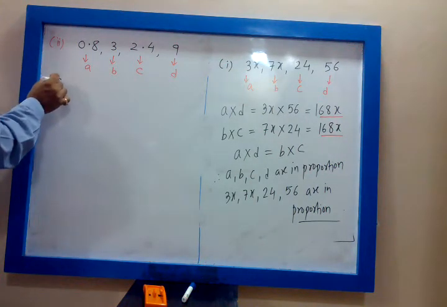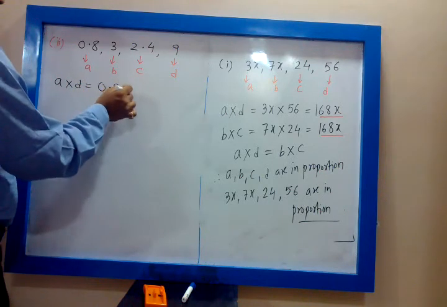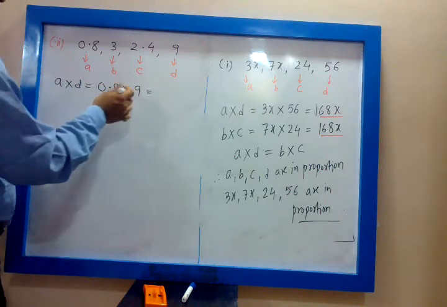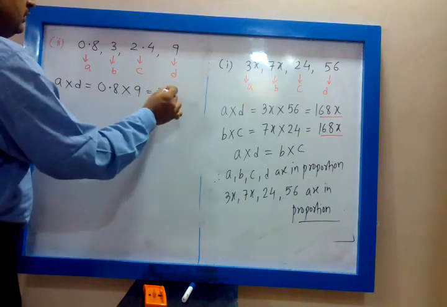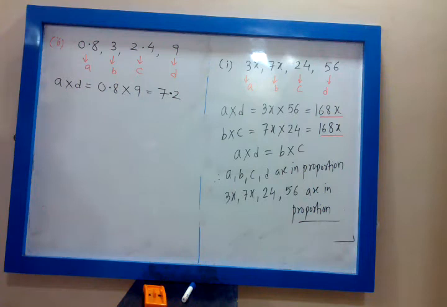Extreme means A into D, that is 0.8 into 9. Multiply 9 8s are 72, so 7.2. So A into D is 7.2.